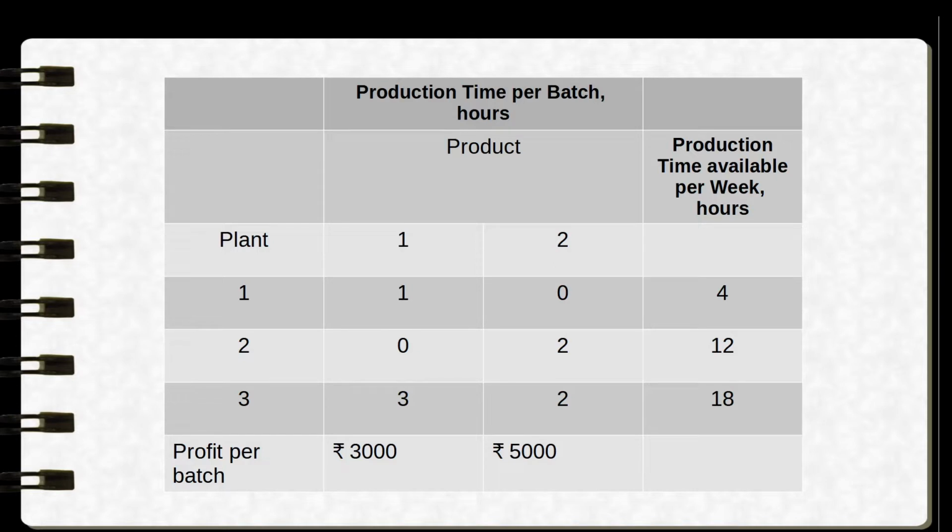And to produce one batch of wooden frame windows in plant number 3, it requires 2 hours. If we sell one batch of aluminum frame windows, it will fetch us rupees 3,000 as profit. And if we sell one batch of wooden frame windows, it will fetch us rupees 5,000 as profit.